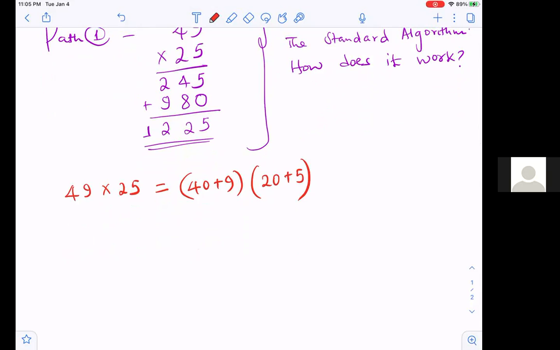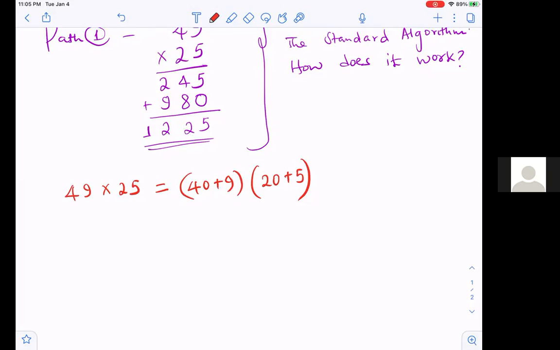We no longer see the 4 as simply 4, but the 4 is the 4 tens. And the same case applies to 2, we no longer see 2, but we see 2 tens.